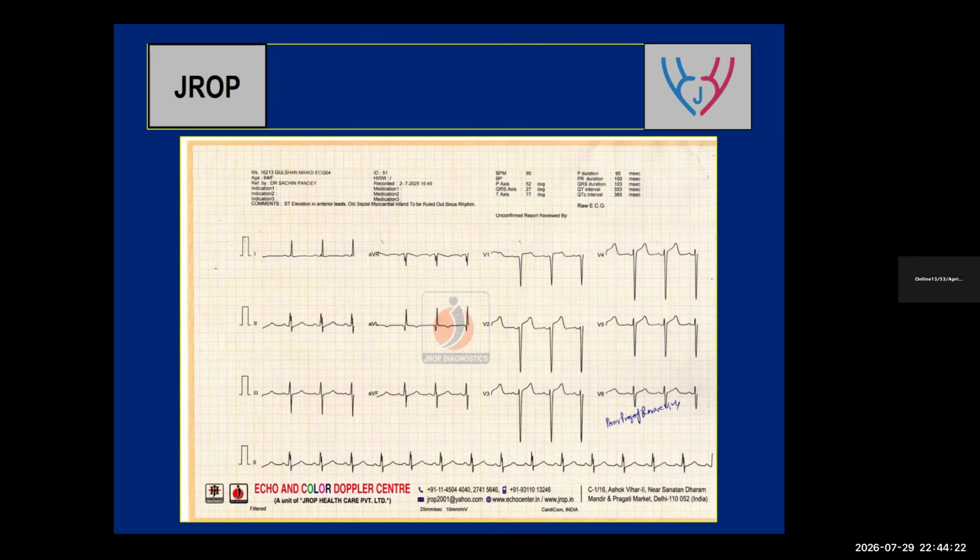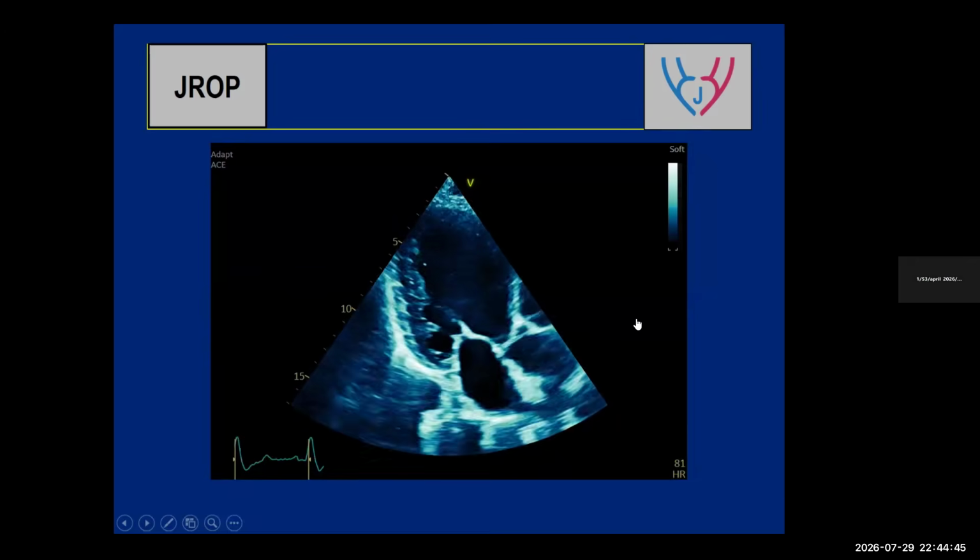Low voltage and QS pattern, sir. V1 is QS pattern, sir. There's no QS pattern. Suppose small ST elevation V1 to V3. There's some amount of elevation in V1, V2, V3, V4. V5, V6: V6 is almost normal. V5 is plus minus.